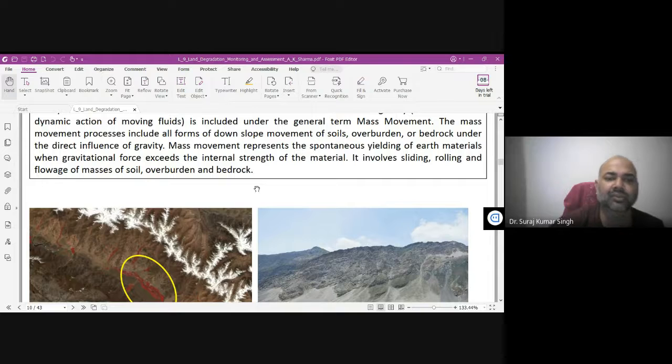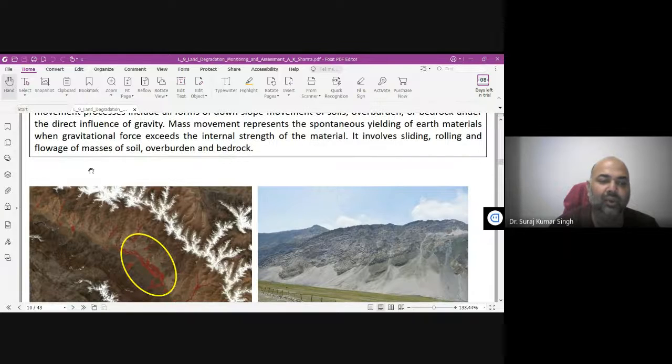It will be because of its topographical relationship. So mass movement represents the spontaneous yielding of earth materials when gravitational force exceeds the internal strength of the material. That will create sliding, rolling, and flowing of a mass of soil, overburden, and bedrock.